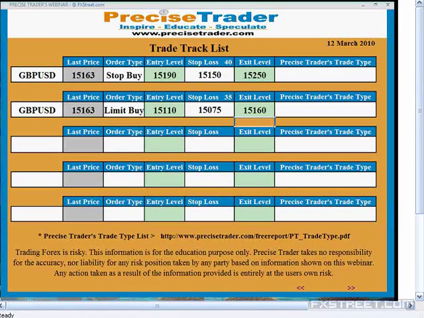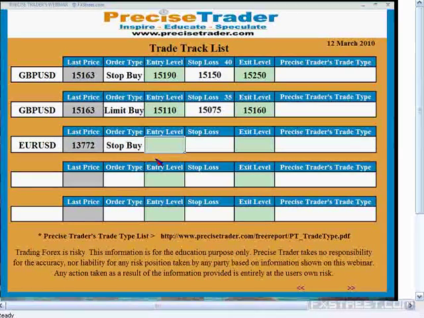Another trade setup which I would like to consider is Euro USD. Euro USD is trading at 137.75. We would want to place a stop buy once it breaks 137.95.